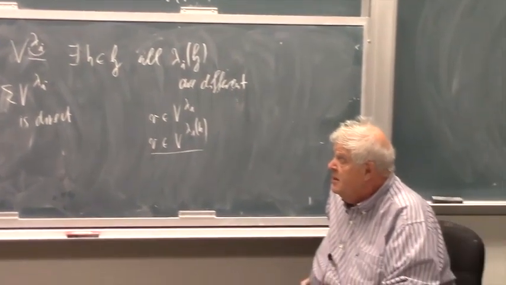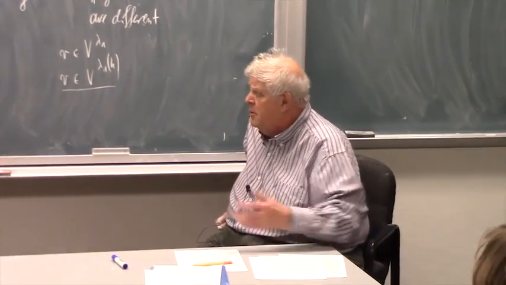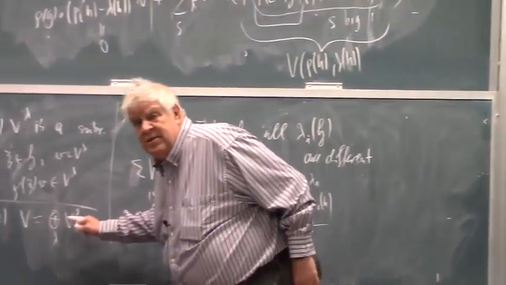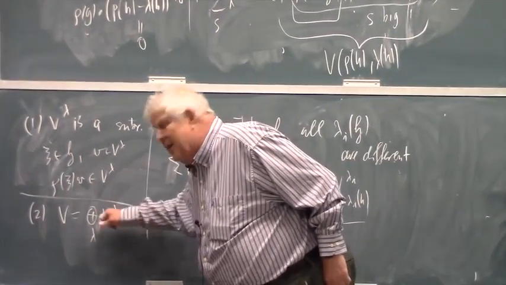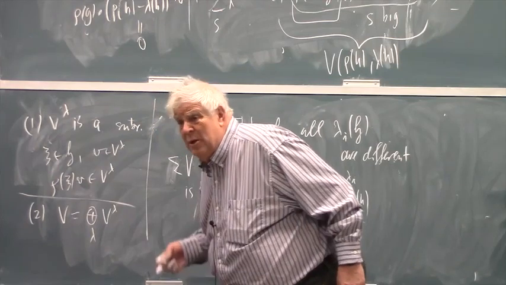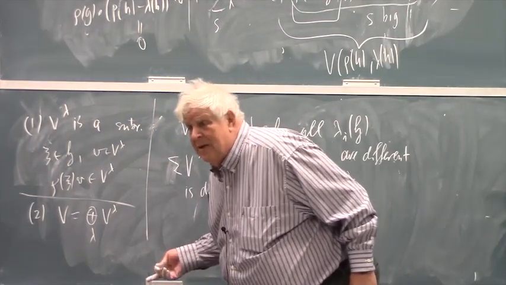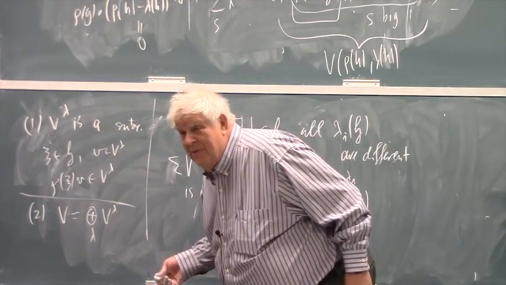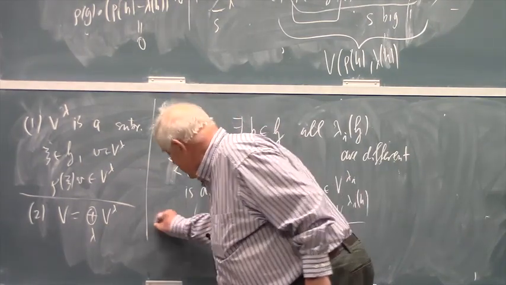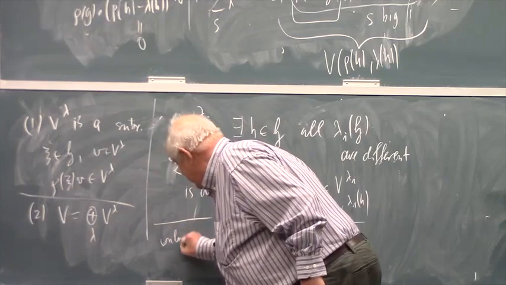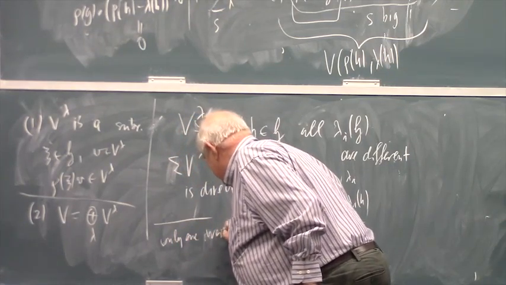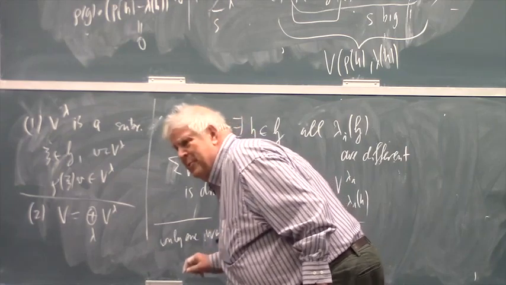Then the last part, we want to prove that actually V is exhausted by this. Here I want to say that if V has only one root, then V is V lambda. If lambda is the only one root, then V is V lambda. Wait, excuse me, the word root will appear in a second.